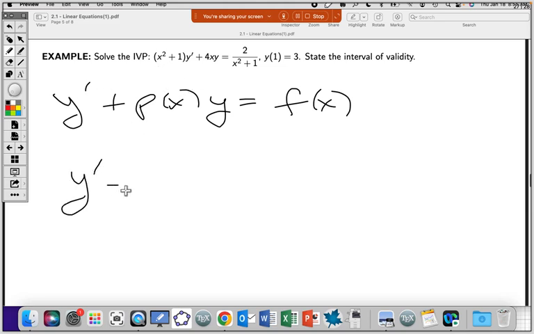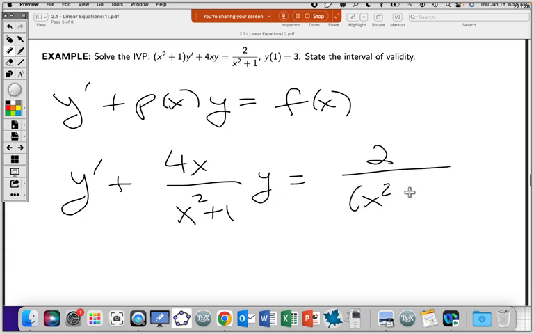So in this particular case, you would divide through by this quantity. You follow? So this would be your P of x.